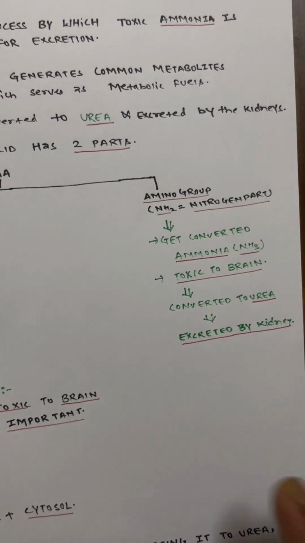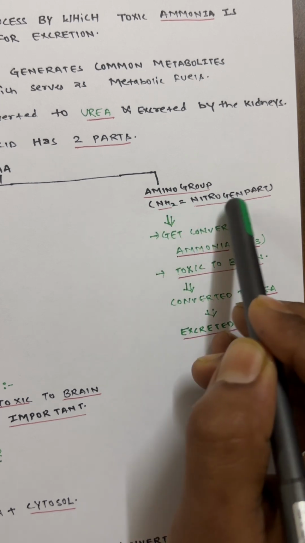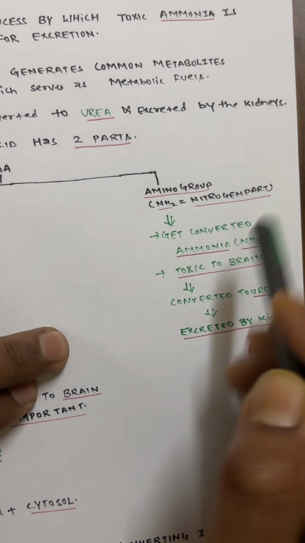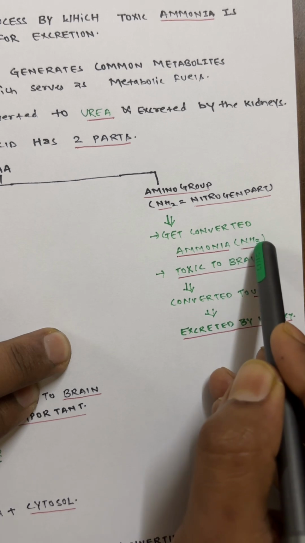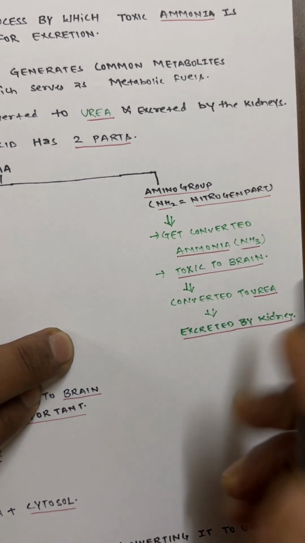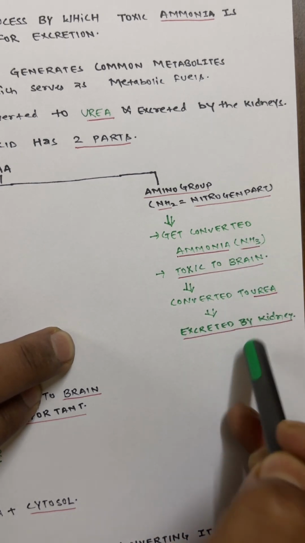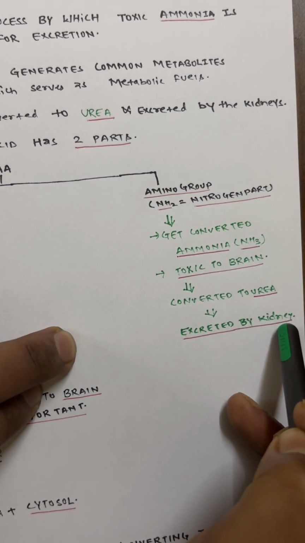But the second part is the amino group, which consists of NH2, that is the nitrogen part, and this gets converted to ammonia. And we all know that ammonia is toxic to our brain.